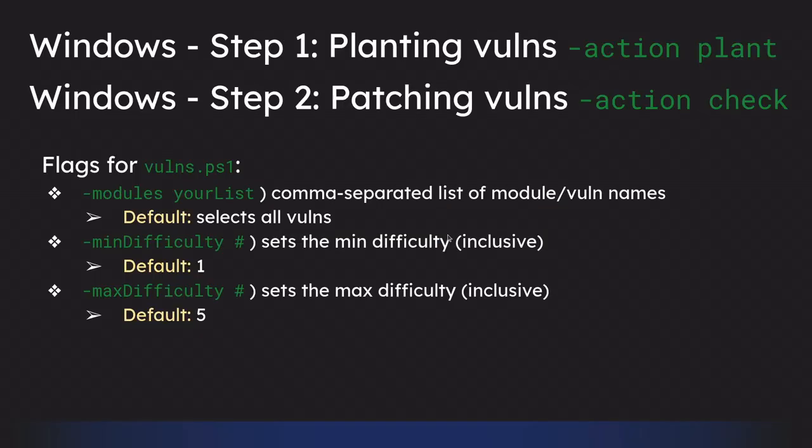So for using the Windows thing, again, it's simpler. It's just one script. So we have these flags, plant and check, action, all these different flags. So you'll notice from before, we still have that modules flag, where it's the list of modules. And now difficulty is split into a minimum difficulty and a max difficulty.